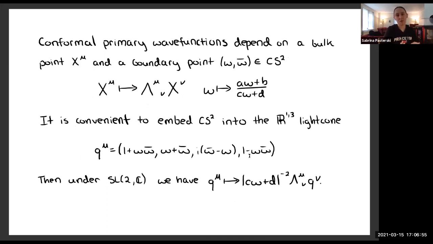Sometimes when you do the Mellin transform, you lose sight of that naive independence. So right now, I'm just going to define this reference direction to capture the celestial S^2 dependence. Then under SL(2,C), because I've defined this 4-vector to only depend on the reference direction, if I do a Mobius transformation, it's not going to be exactly Lorentz in the bulk. I get some Jacobian here.